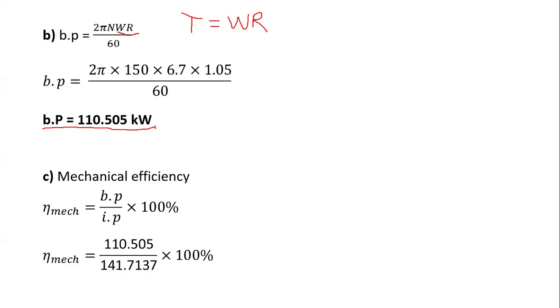Then we substitute, our brake power is 110.505. Indicated power is 141.7137 times 100. So our mechanical efficiency is 77.97%.